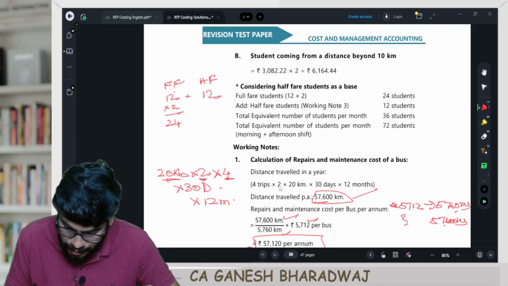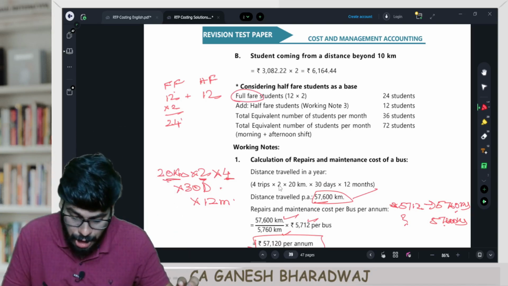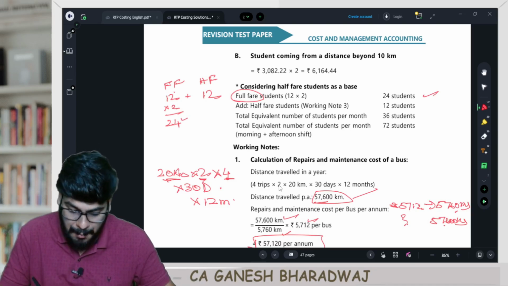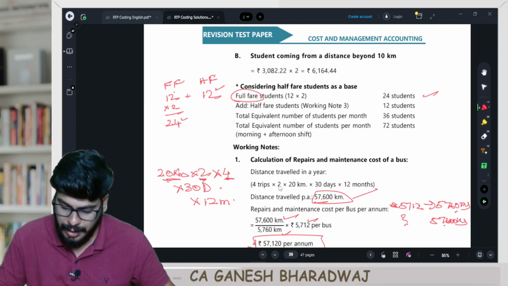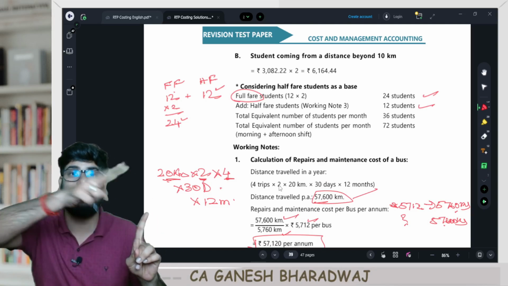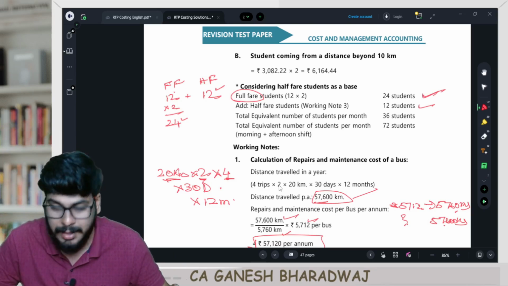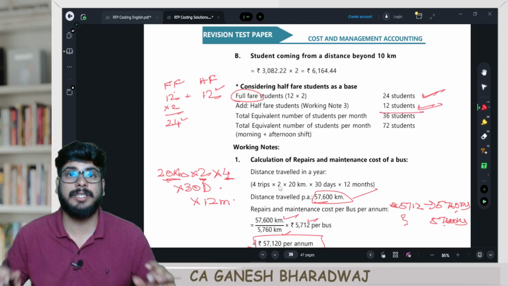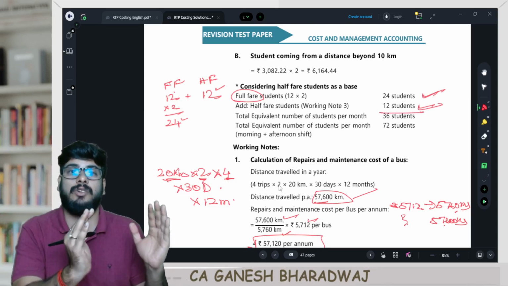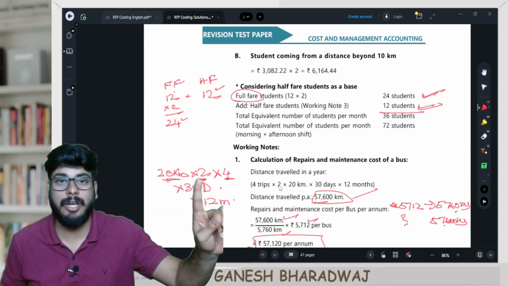So, what I do is first I convert and calculate the equivalent of full fare students, which is how much? 24 students. Right? Plus, how many half fare students are there? Half fare students, 12 students. So these full fare students I have converted, and the equivalent half fare students is 24 plus 12. It's going to be 36, which means in the morning batch alone, there are 36 equivalent half fare students. Are you clear with this?